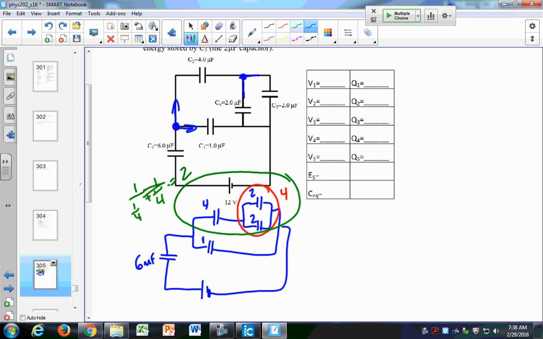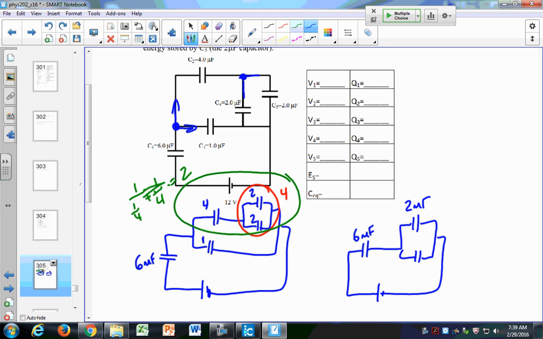I can go ahead and redraw that. I have my 6 microfarad here, and then I have a 2 and a 1. Two microfarads, 1 microfarad, and then those two will combine to give me what? 3.